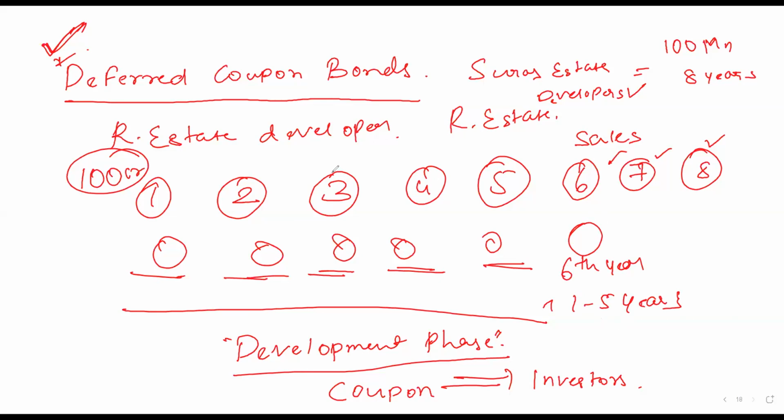So the coupon has been deferred to a later date. That is a deferred coupon bond. From the 6th, 7th, and 8th year, you will be receiving the coupon, and in the 8th year, you will receive the coupon plus face value. Clear? Clear with this, guys?